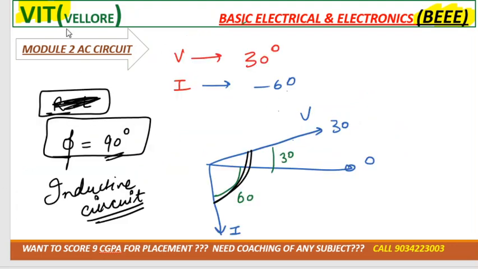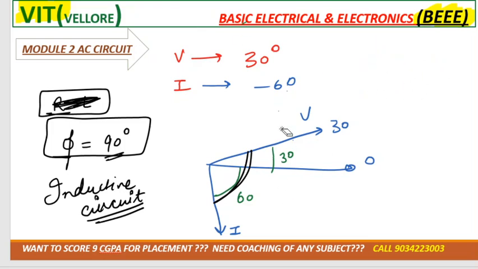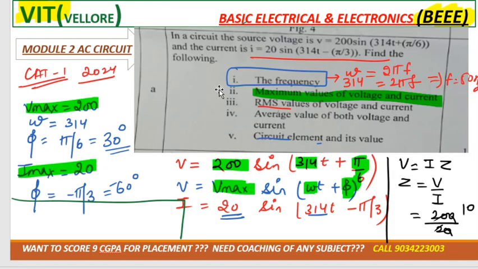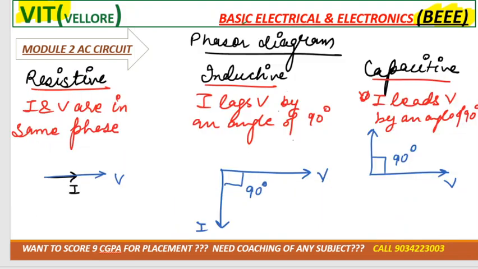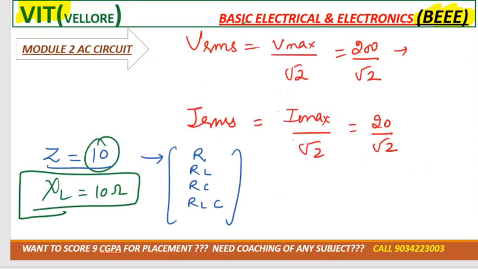Similarly, you can obtain any of the values. Suppose we get phi equal to 60 degree, then that would be the combination of R and L. Okay, so you have to see which thing is leading. Accordingly, you can decide which element. So they said circuit element is L, and you got XL equal to Z, that is 10 ohm.